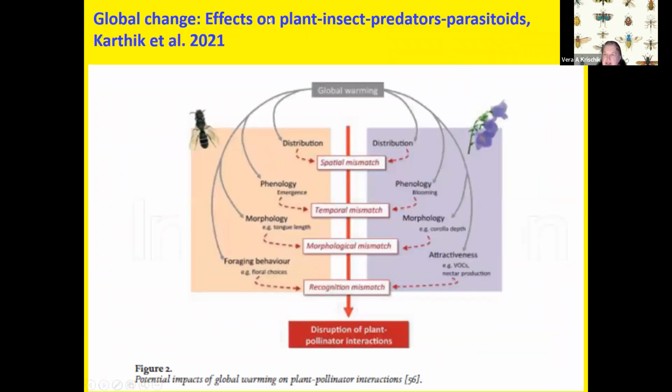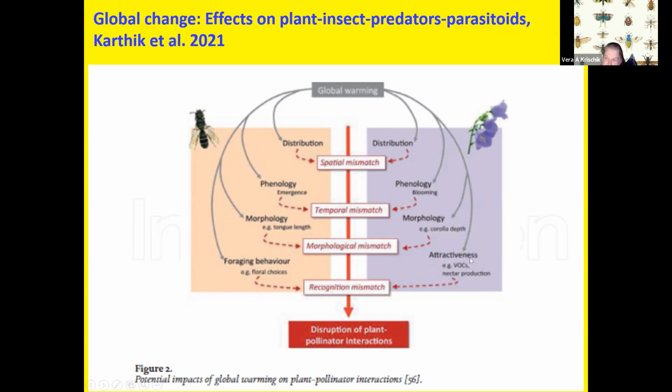And this is the big issue, the effects on plant, insect, predators, parasitoids. These predators or parasitoids are what control pests in nature. And as we go through problems with plant phenology, plant growth, different times, if plants are stressed, the length of the corolla tube changes, and some bees and butterflies can't feed from this.